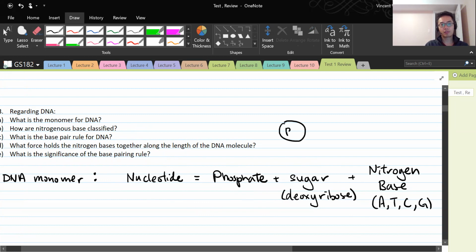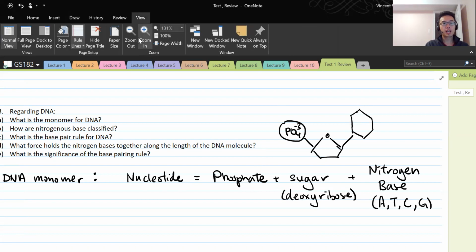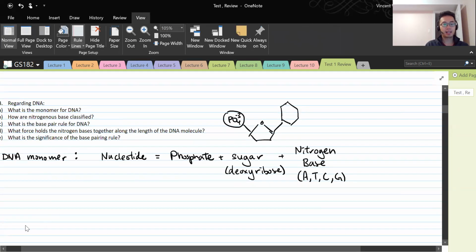You have the phosphate here, your sugar, and then some kind of nitrogen base. The nitrogen base could be 1 ring or 2 rings, depending on what type it is. So that's a nucleotide. There are 4 types of nucleotides for DNA.